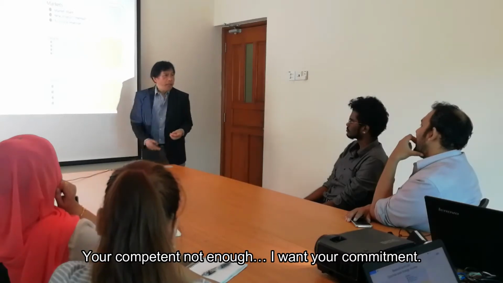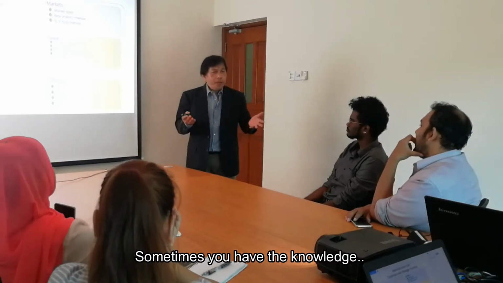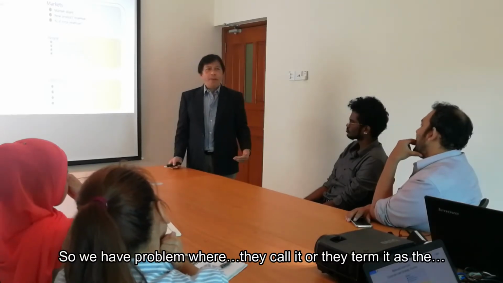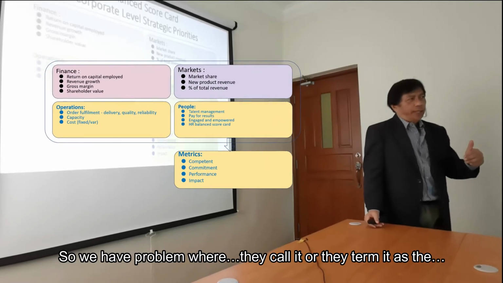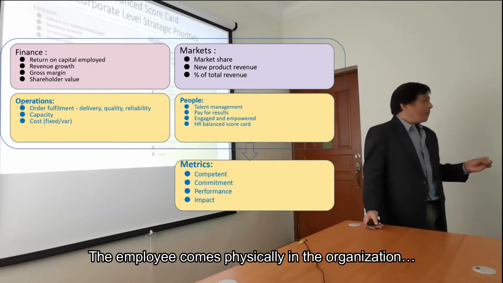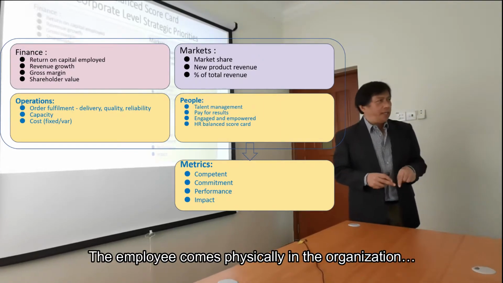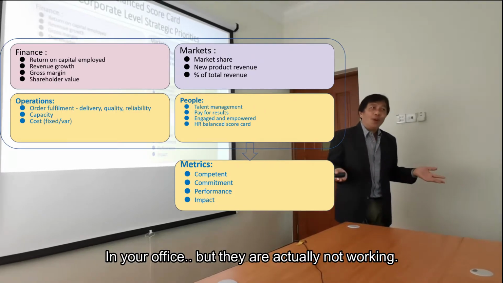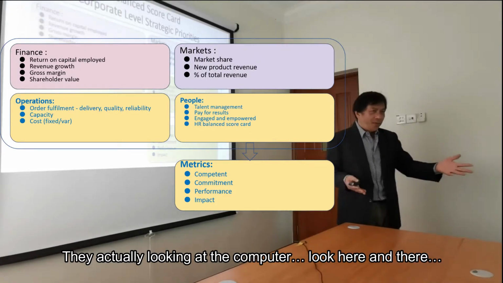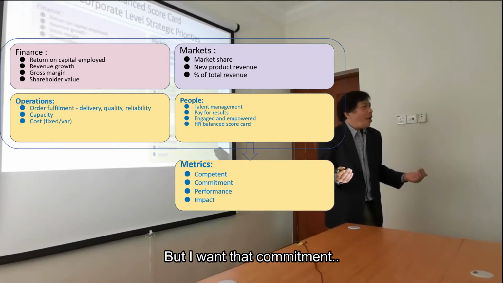You are competent, but that's not enough; I want your commitment. Sometimes you have the knowledge, but you have no commitment. So we have a problem that they term presenteeism. What does it mean? The employee comes physically to the office, but they're actually not working. They may be looking at the computer, doing this and that, but they're not actually working. They do something else. So I want that commitment.